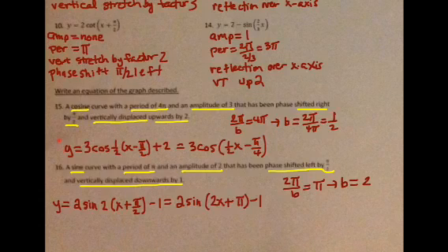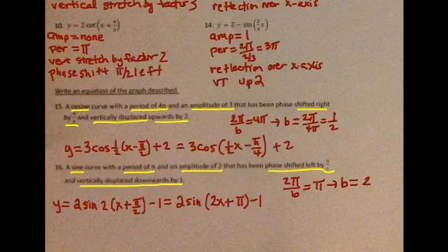Now this is acceptable. But if you want the b inside of the parentheses, you just distribute it here and you end up with this. Oh, and I forgot to write the 2. So plus 2.